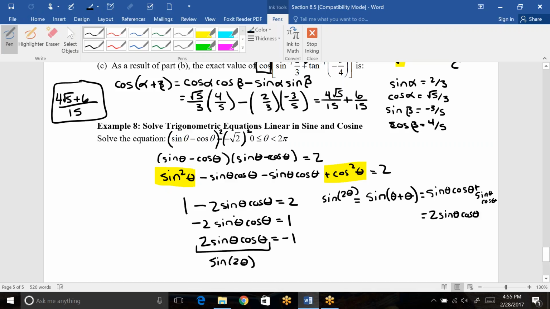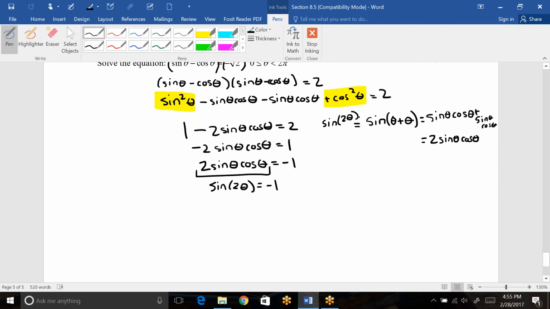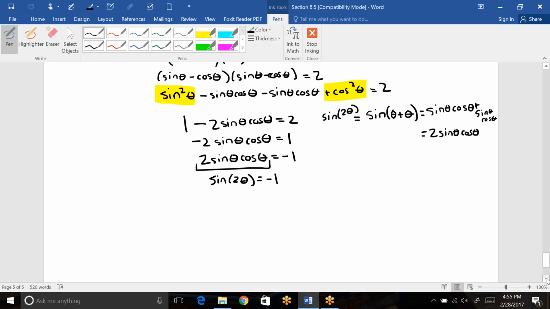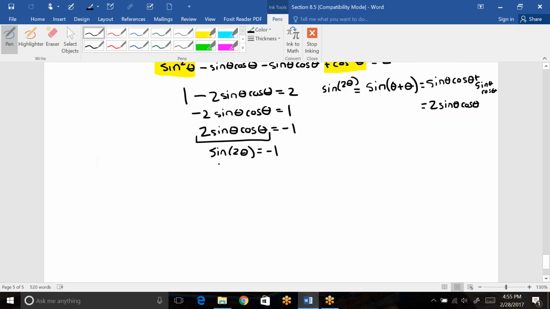I wish they'd held off on putting this problem in this section because they really were trying to lead you into solving this with a much harder way, and it's much easier if you know what we call the double angle formula. We will formally define this in the next section in 8.6. So if you have this, some people like to think of this as what we call a U substitution.